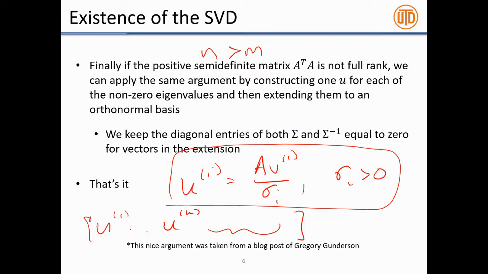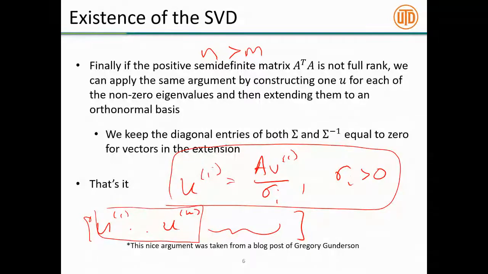Basically, what we need to do is define one u for everything, until we get up to the dimension m. So we need m u's. If we don't have enough of them, we take the ones that correspond to the non-zero eigenvalues of A, and then we just pad the rest by adding extra orthonormal u's to this collection.